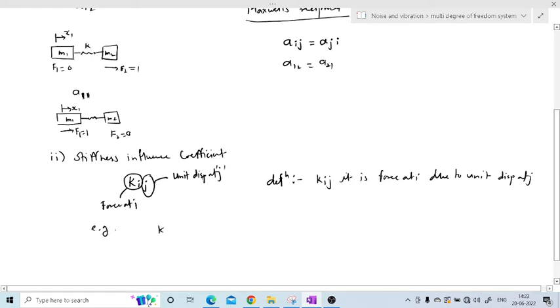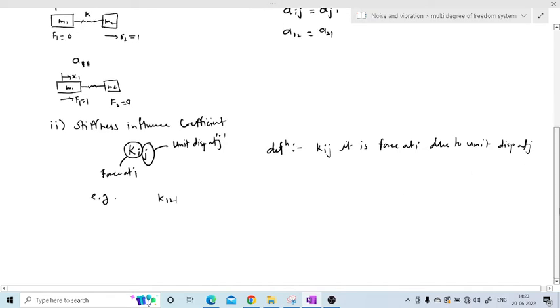Suppose I want to determine K12. Again I consider the two mass system: the first mass M1, the second mass M2, with a spring in between. K12 means force at 1, so we have to determine the force value at 1.